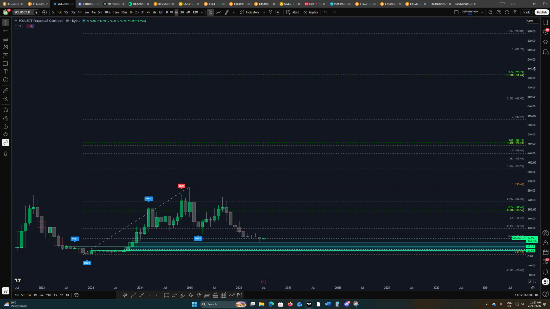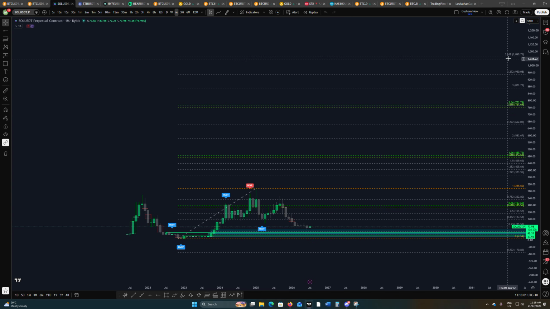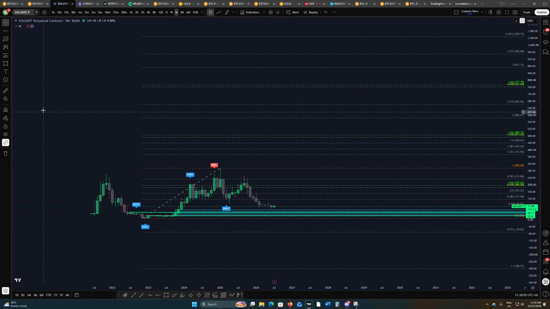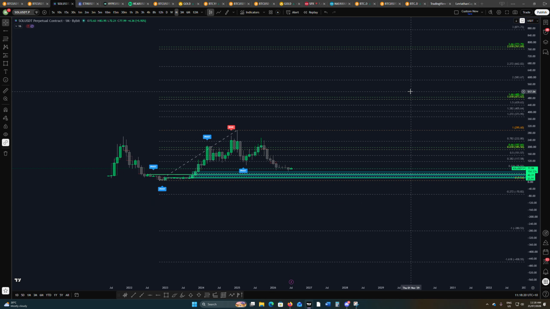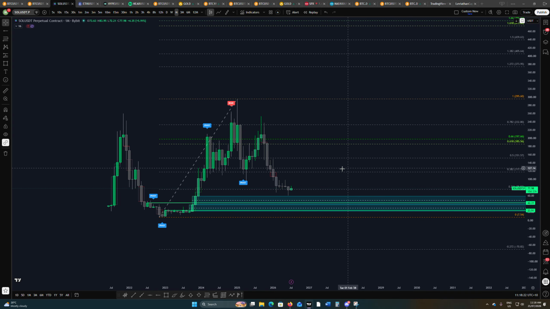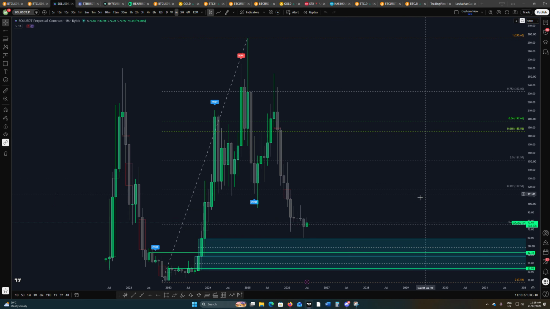I mean, could it do an Ethereum thing where it goes absolutely wild and then goes for a much higher level? I mean, it could. It's probably not going to do 3,000%. But I mean, there is a lot of headroom up top. So it just depends how much support we get.